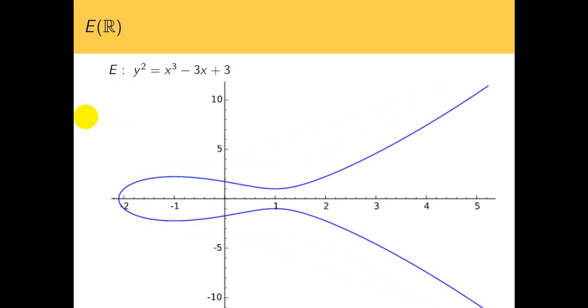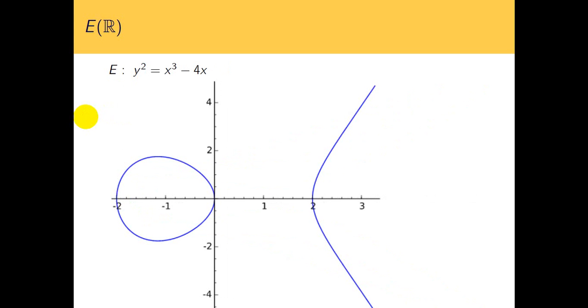These three that I've shown you all have one component. Here's an example with two components. It's got this egg shape here, but it's not connected to this bit here. It looks kind of parabolic in some ways. So that's an idea of what it looks like when we graph the elliptic curve.